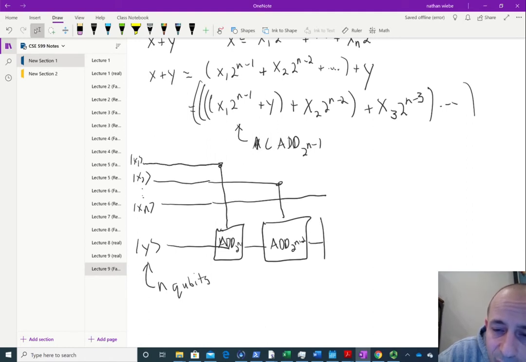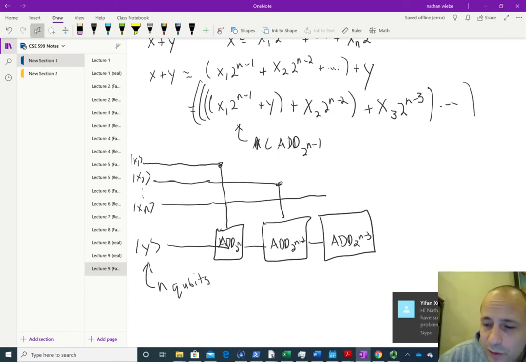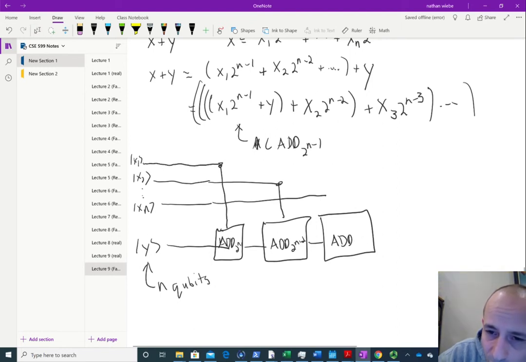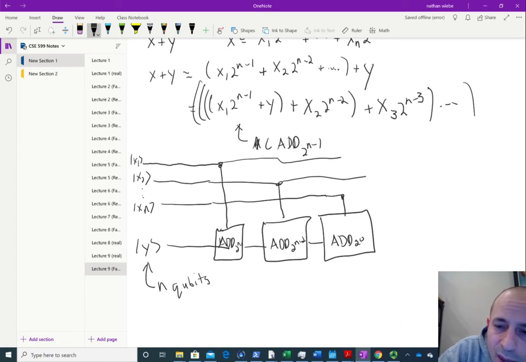And then we're going to do an add 2 to the n minus 3. Oh, sorry. This has gone all the way down to add 2 to the 0. Okay. And that circuit implements this, which ends up giving us our modular adder.